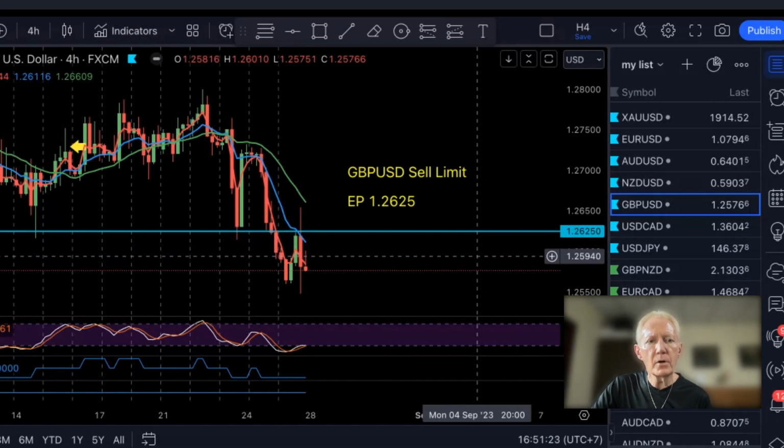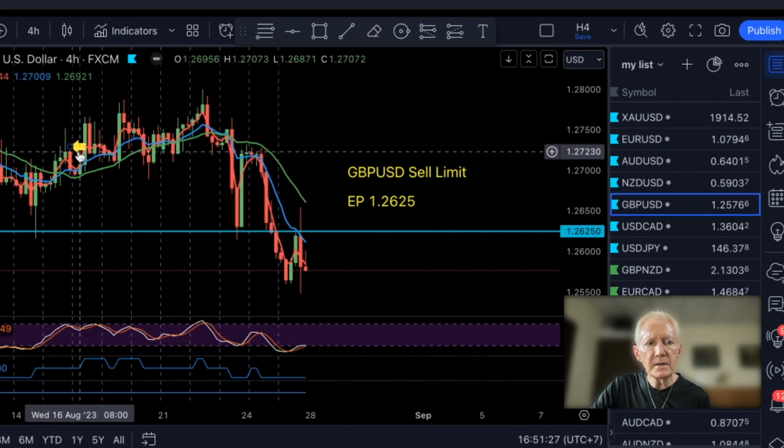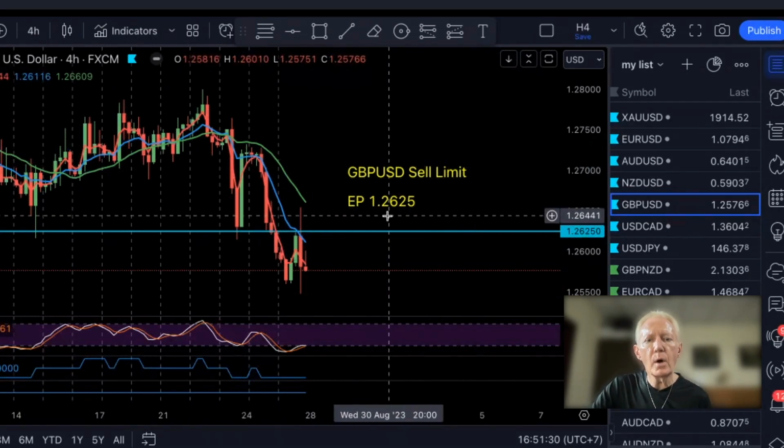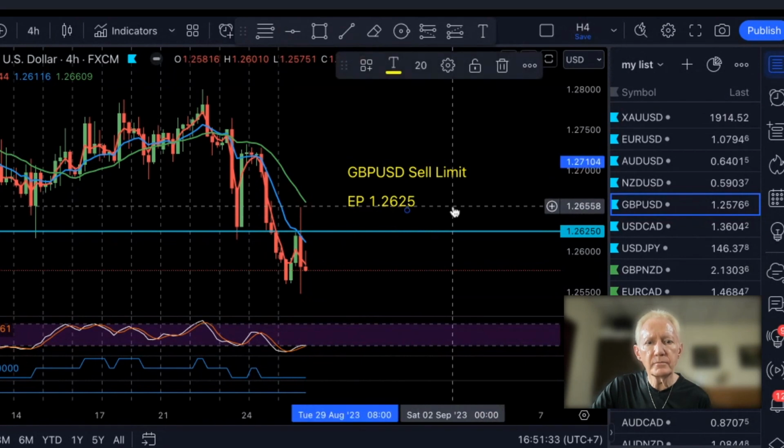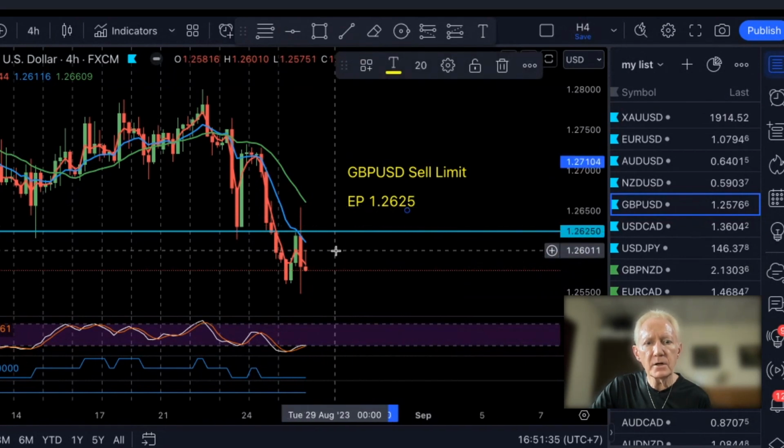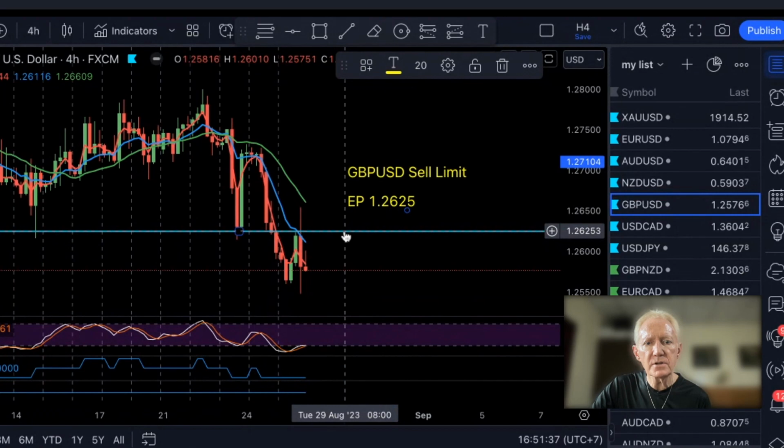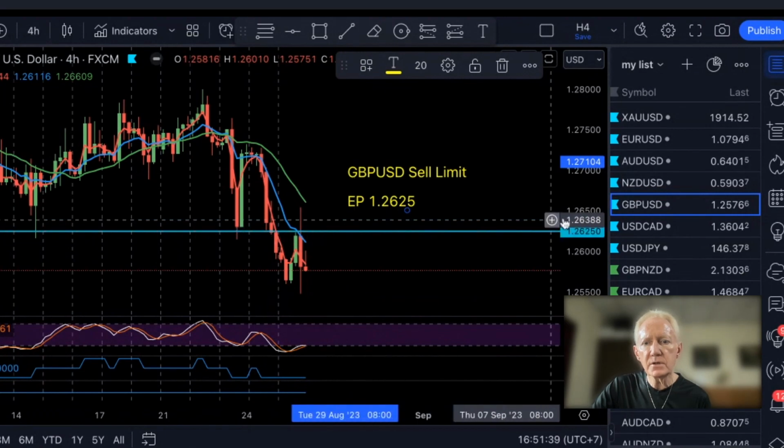That means that these other currencies are bearish against the US dollar. So I have a sell limit on the pound US at entry price 1.2625. It's below that now. Let it make a correction back to our resistance zone here, 1.2625.